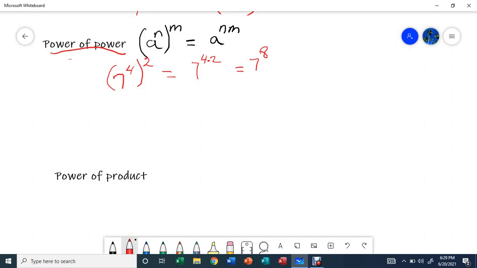Another example, I don't know, 1/3 squared, and the whole thing to the third power.